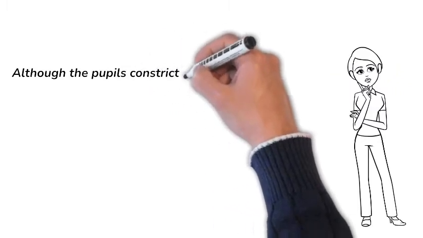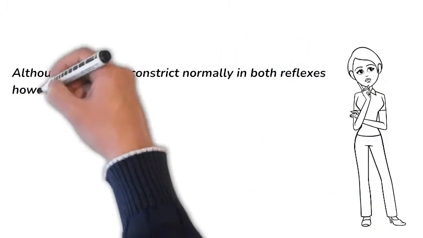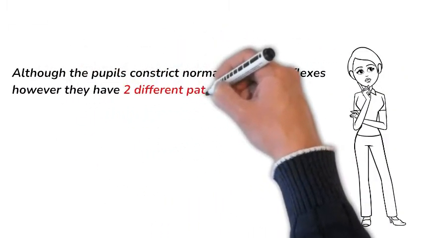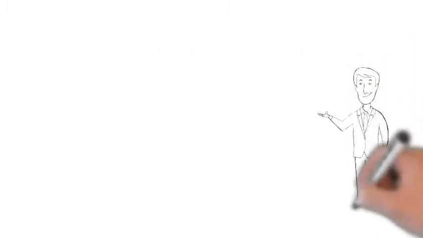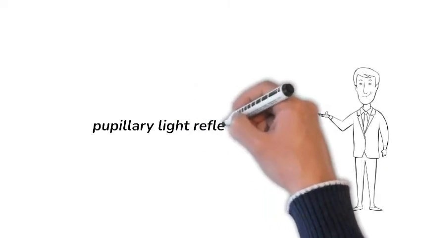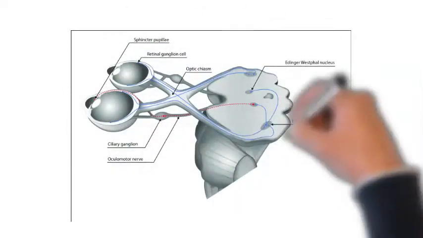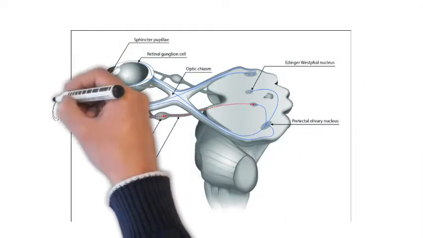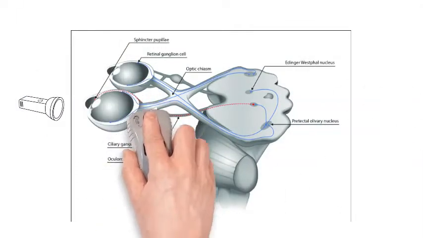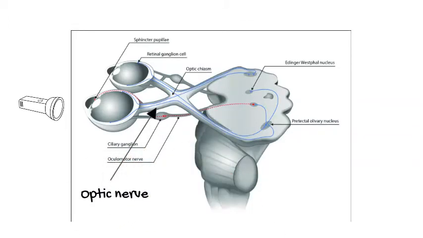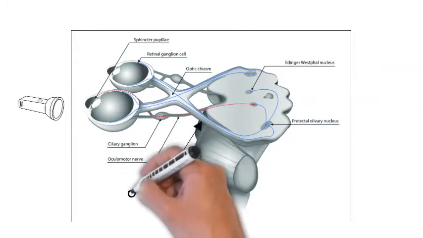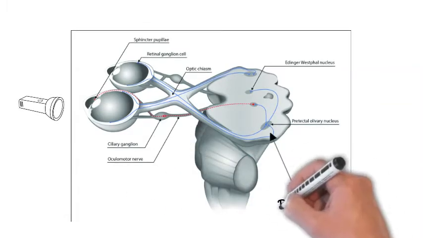Although the pupils constrict normally in both reflexes, they have two different pathways. Now let's talk about the pupillary light reflex pathway. When the light is projected towards one pupil, the signals will be transmitted through the optic nerve, back to the chiasm, and then to the optic tract.